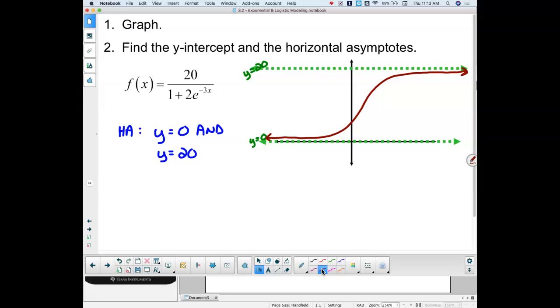Y-intercept in this problem? Yeah, 0 comma negative 20/3. I like it, but I don't like it. I like that better than 6 2/3.